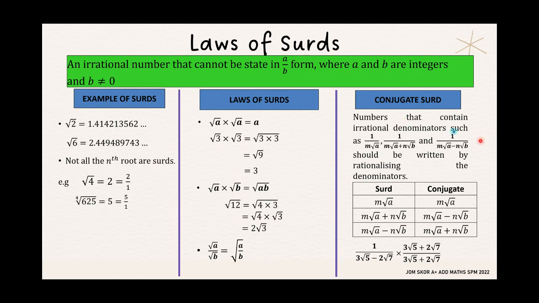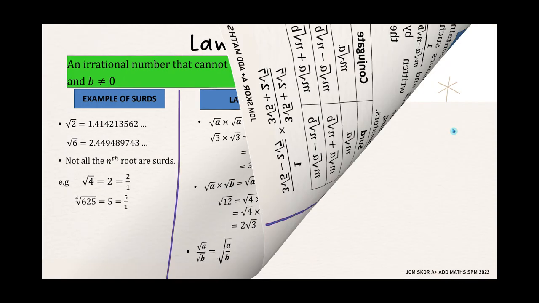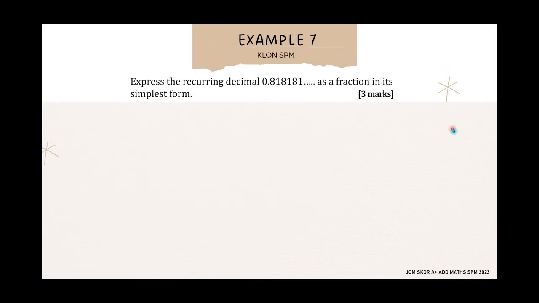Okay, right. Let's look at the first example on set. Express the recurring decimal 0.818181... ni maksudnya bukan isi tempat kosong. Maksudnya dia decimal to infinity. We have infinite decimal.